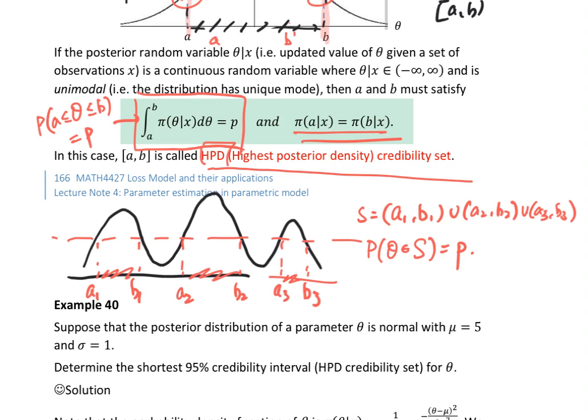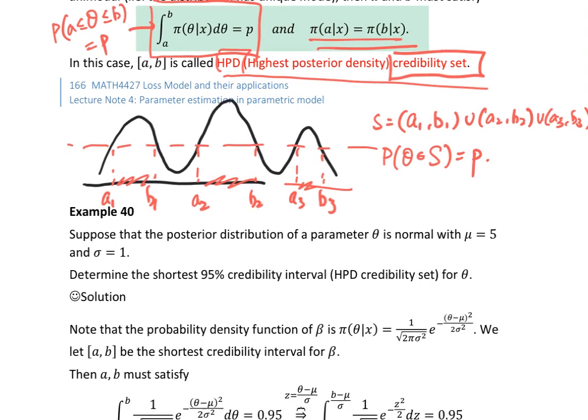That's why when they talk about the credibility interval, they just call it a credibility set, because the resulting set may not necessarily be an interval. Nevertheless, whether it is a set or an interval, the credibility set gives you the range of theta with the smallest width.